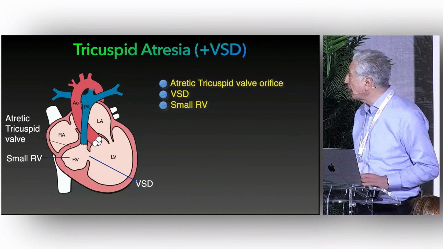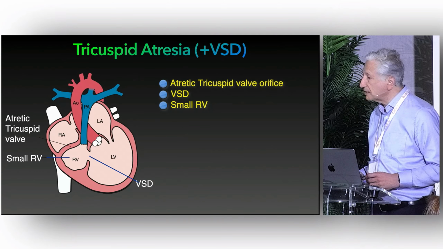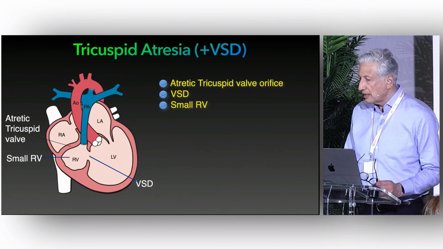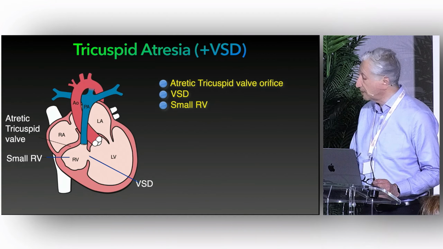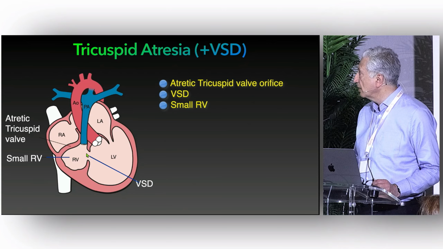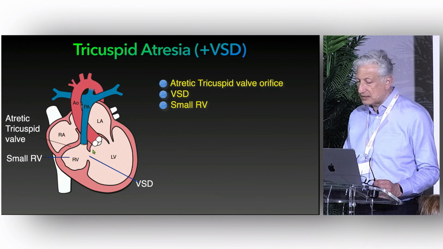So tricuspid atresia has the typical feature of an atretic tricuspid valve orifice. There is a VSD, which can be small or a bit larger, and it's associated with a small right ventricle due to the lack of inflow. So the right ventricle is filled solely via the VSD, and this is why its size is related to the size of the VSD.